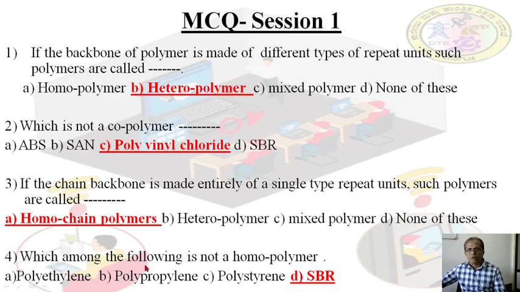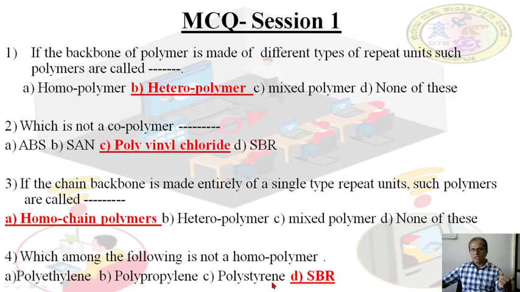Question 4. Which among the following is not a homopolymer? Here, answers are given. Polyethylene is made out of ethylene monomer only, so it is a homopolymer. Polypropylene is made out of propylene monomer and it is a homopolymer because only one type of monomer is employed in the production.